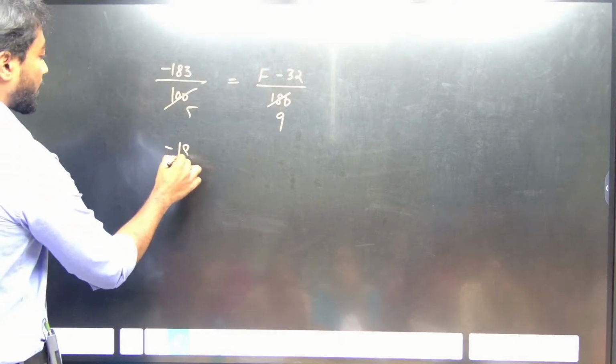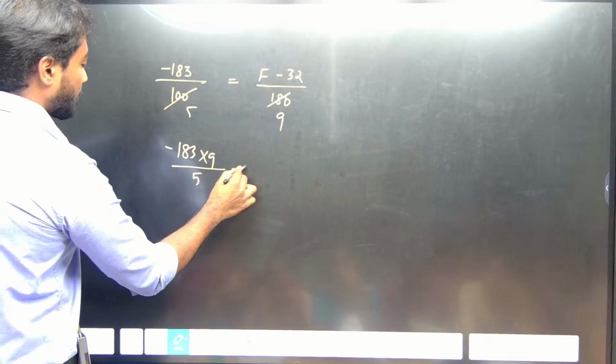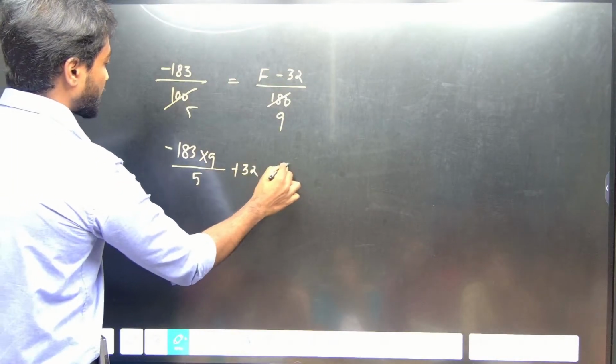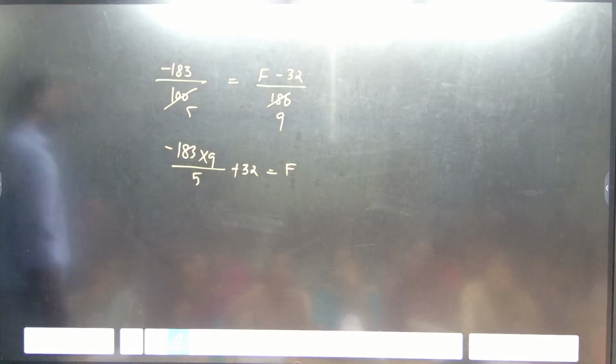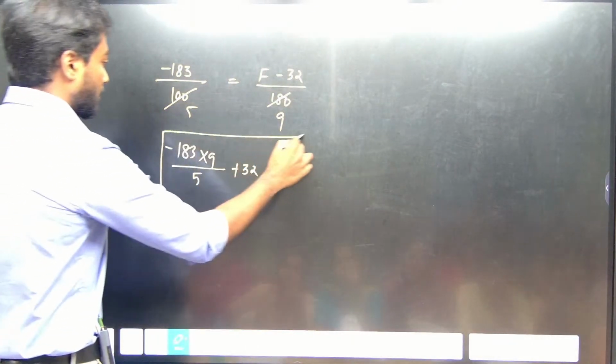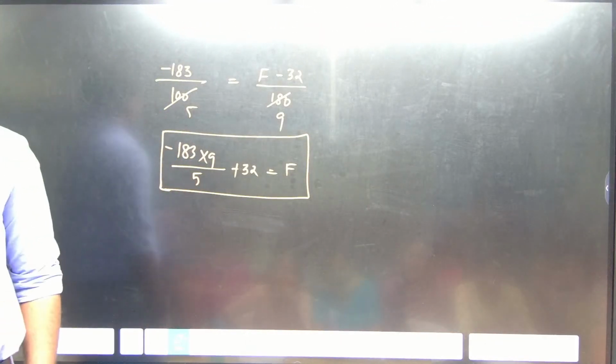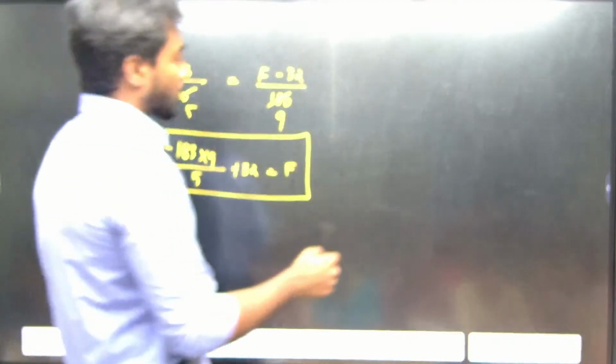So minus 183 into 9 by 5 plus 32 should be equals to f. Correct? So if no one is getting, try this one. What about the second one?